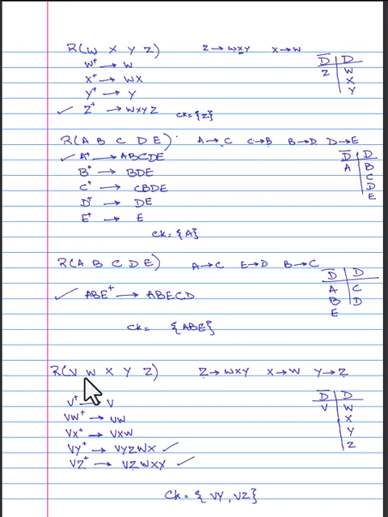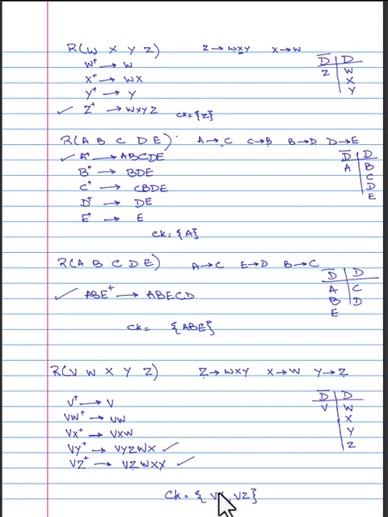This is another example. R is defined over V, W, X, Y, Z in a given scenario. Suppose Z identifies W, X, Y, X identifies W, Y identifies Z. By solving this, these two candidate keys are identified. From the list of super keys you can identify all the candidate keys, and from the candidate key list you can select any composite attribute, or if it is a single attribute, it will be the primary key.